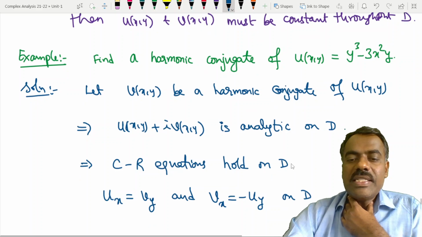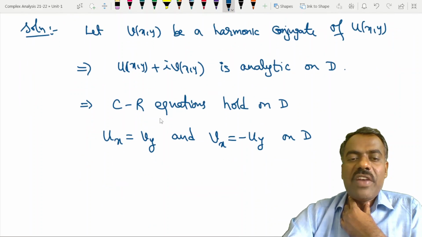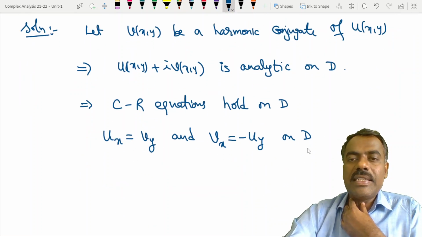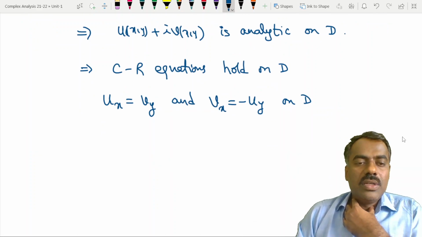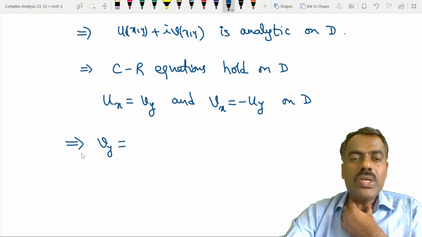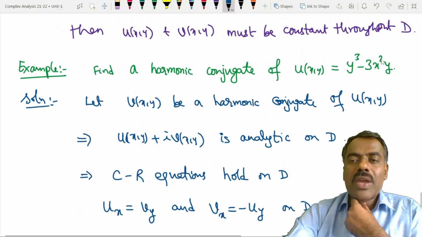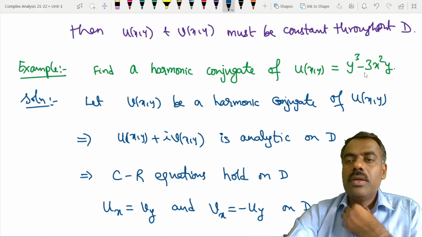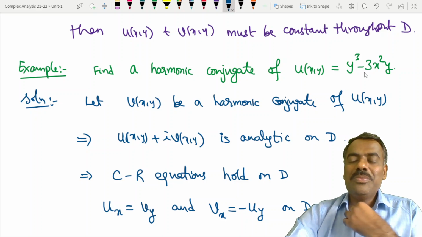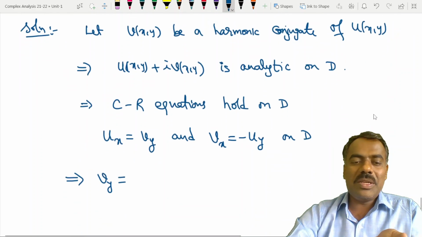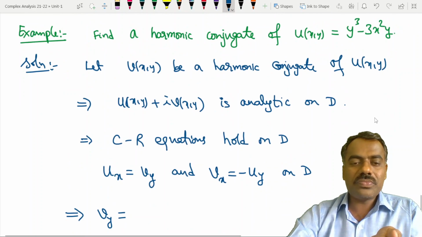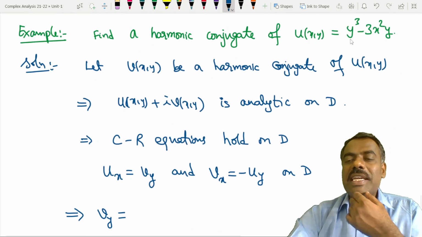u is given to us, and therefore we can find v_y and v_x. This implies v_y = u_x. That means you have to differentiate partially with respect to x. What is u_x from here? y³ will be constant when differentiating with respect to x, keeping y constant.